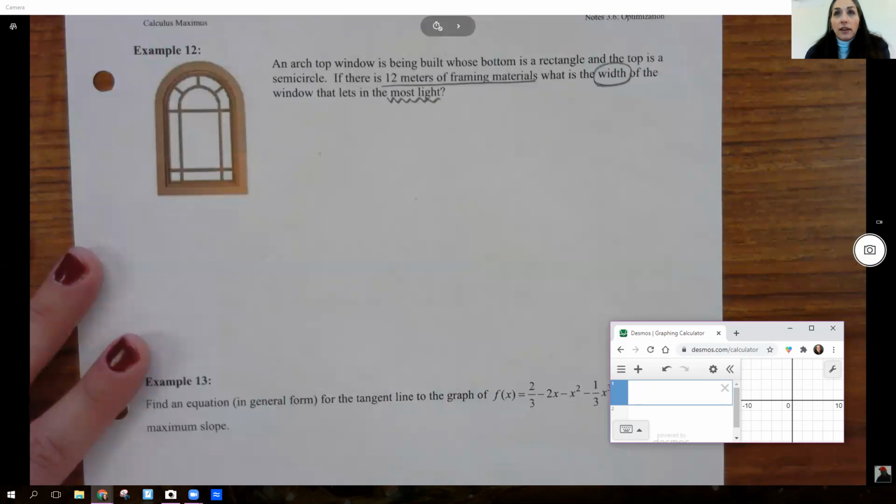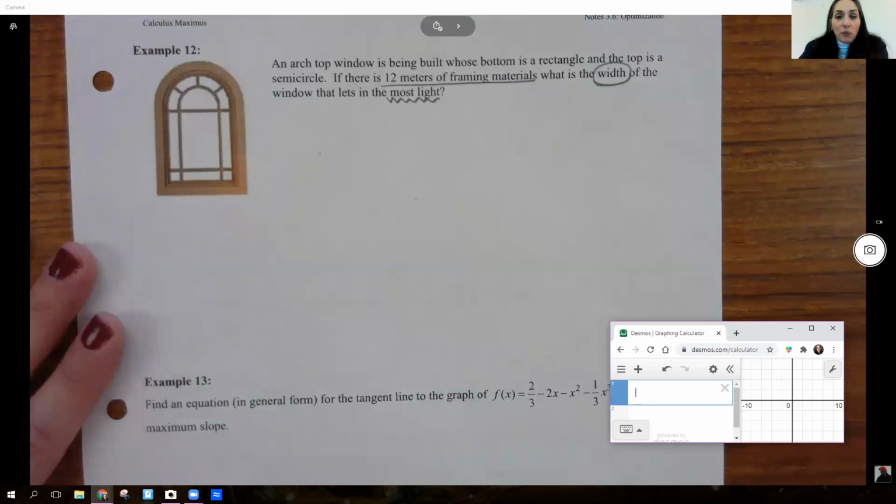So you're going to need to maximize a geometry formula that is going to allow for the biggest amount of two-dimensional space, right? The biggest amount of glass that we could make this window out of. So we're going to maximize area.